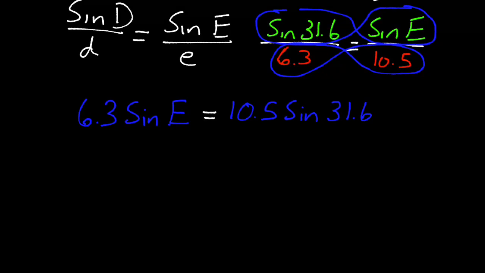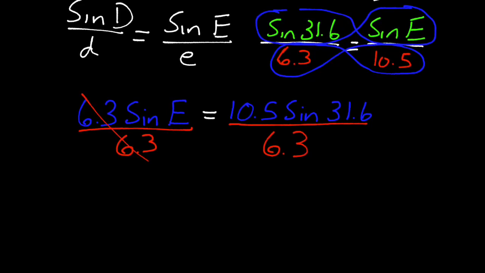Okay, so there's our equation. Now, just like before, we want to get the sine of E all alone, so we're going to divide away 6.3 on both sides.